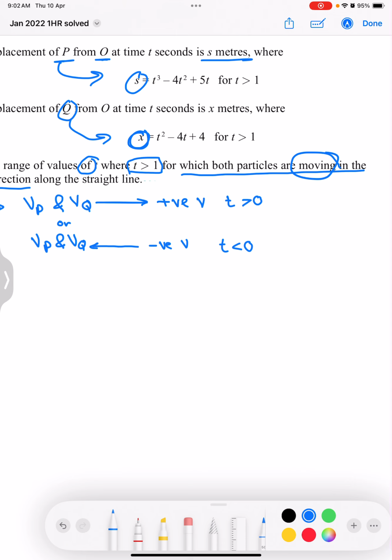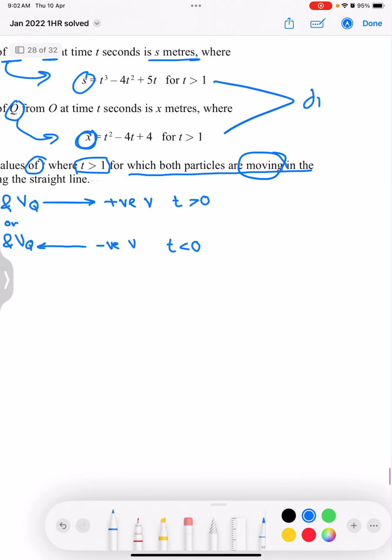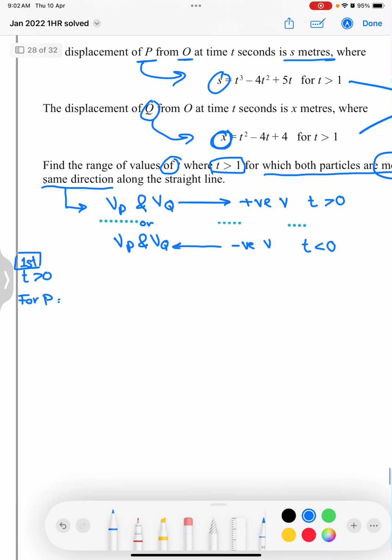I need to change these by differentiation into velocity V. From displacement to velocity, the equation undergoes differentiation. So T cubed is going to be 3T squared minus 8T plus 5 greater than 0.